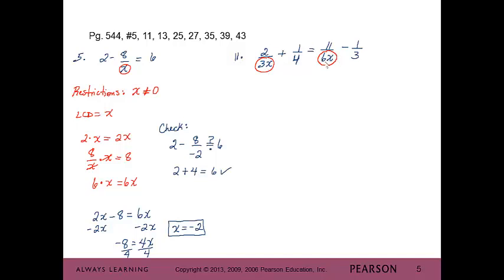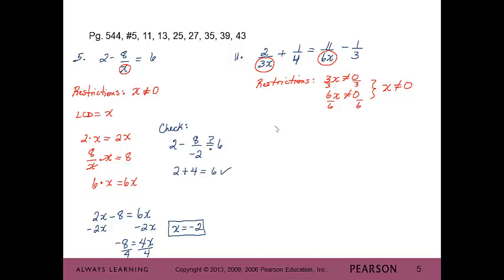So let's start by setting these not equal to 0. So 3x cannot equal 0, and 6x cannot equal 0. We can divide both sides by 3. And divide both sides by 6, and they'll both end up with the conclusion that x cannot equal 0.